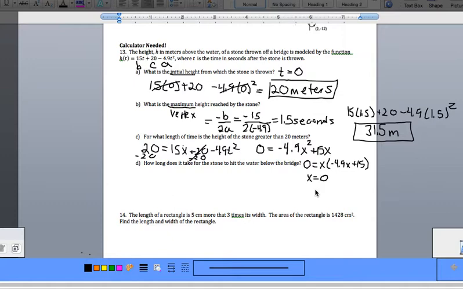So x equals 0, or when does negative 4.9x plus 15 equal 0? And if we solve that, let's see, subtract 15.